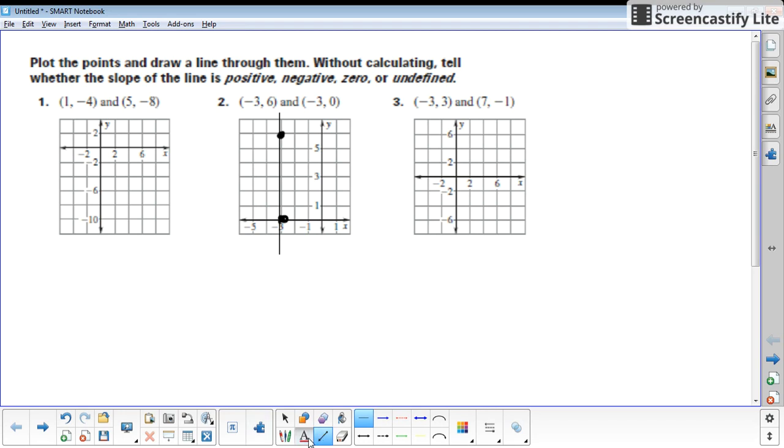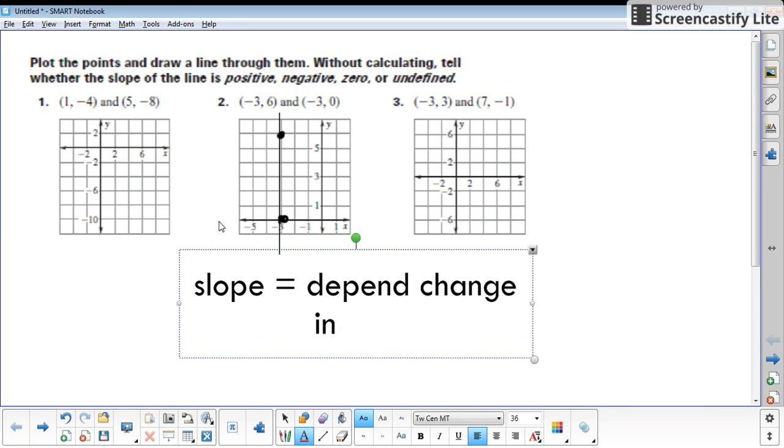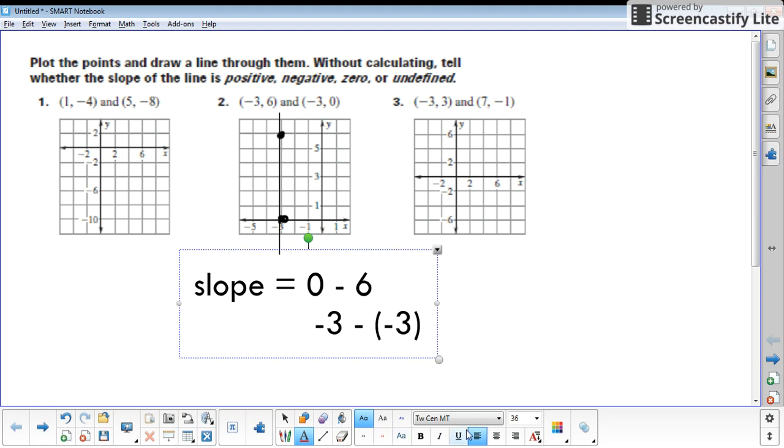If you go through and do the math here, remember that slope is the change in y over the change in x, the dependent change over the independent change. You're going to subtract off the y values first, so 0 minus 6, and then you'll have -3 minus -3 on the bottom, with a fraction bar.